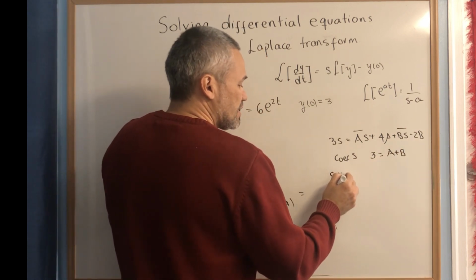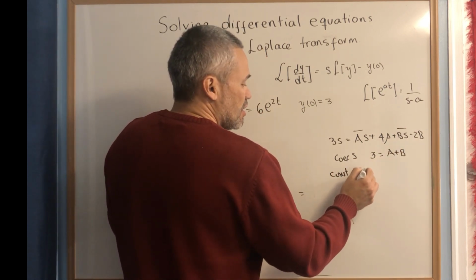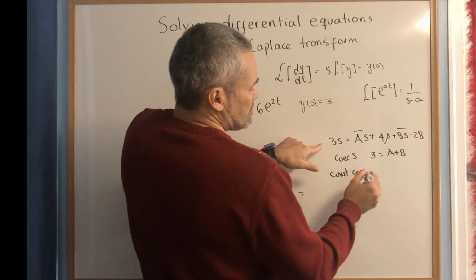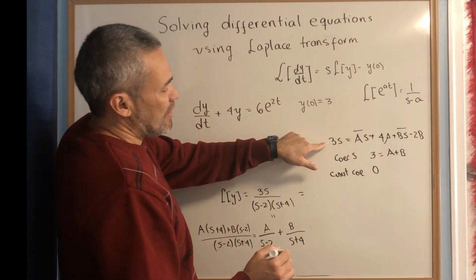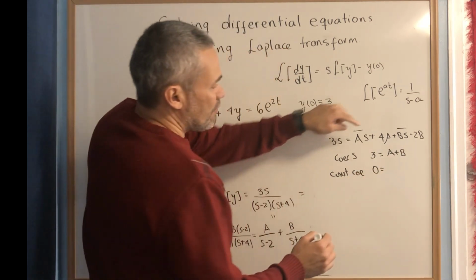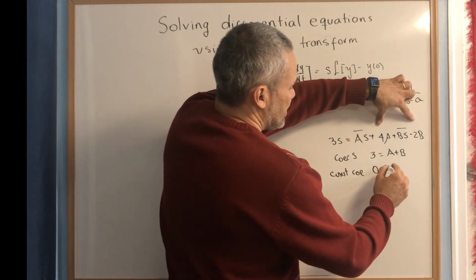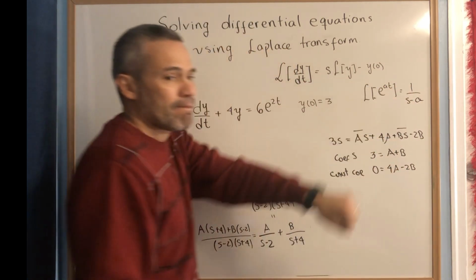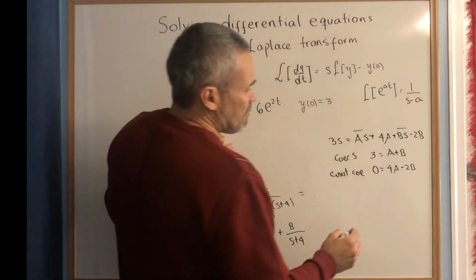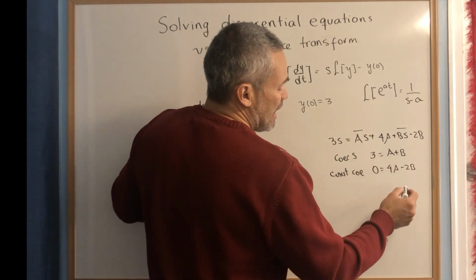What is the constant coefficient on the left? There is no constant coefficient. There is no term without an s. Then we have a 0. And what is the constant coefficient on the right? It is 4a minus 2b. Okay, then we solve this system of equations. We can multiply by 2 and add.